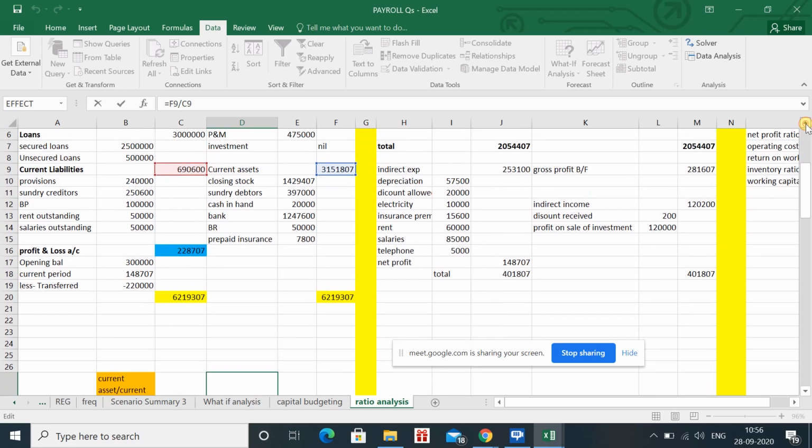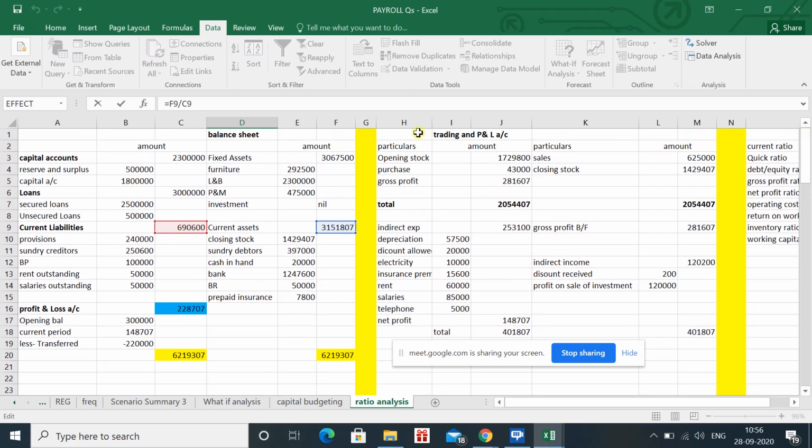You can check the formula in the formula bar. You can see in the question they have given you the current assets and current liabilities. Current assets are given in F9 and current liabilities are given in C9. So current asset divided by current liabilities will be your current ratio. To check the formula, you can refer to the formula bar.